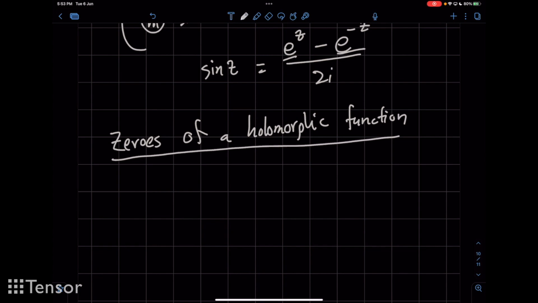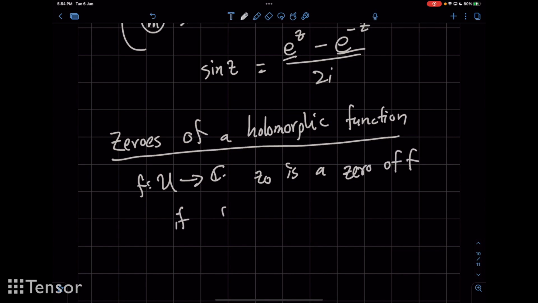Let's say I have a holomorphic function f from U to C, and I shall call z naught a zero of f if f of z naught is 0. So we shall call z naught a zero of f if the value of f at z naught is 0.